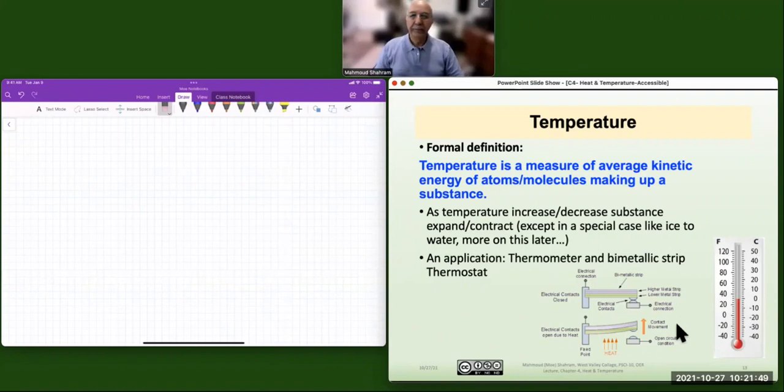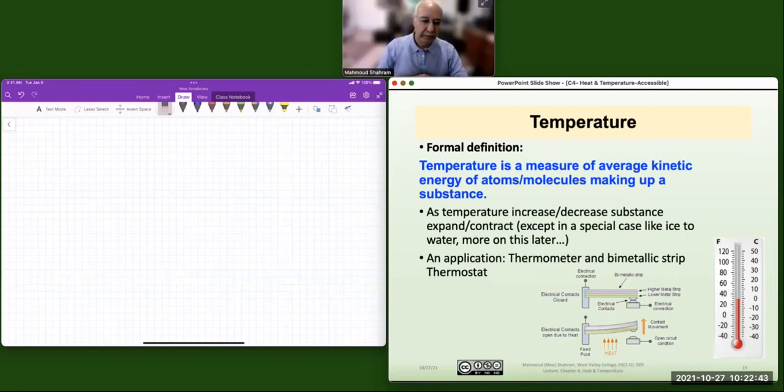Or if you have two different solids, for example brass and iron, they expand at different rates. If you join them together and heat them, one expands more than the other, so it bends. You can use that as a switch for a thermostat. If the weather is cold and you want to heat the room, you use this thermostat and you heat the room.